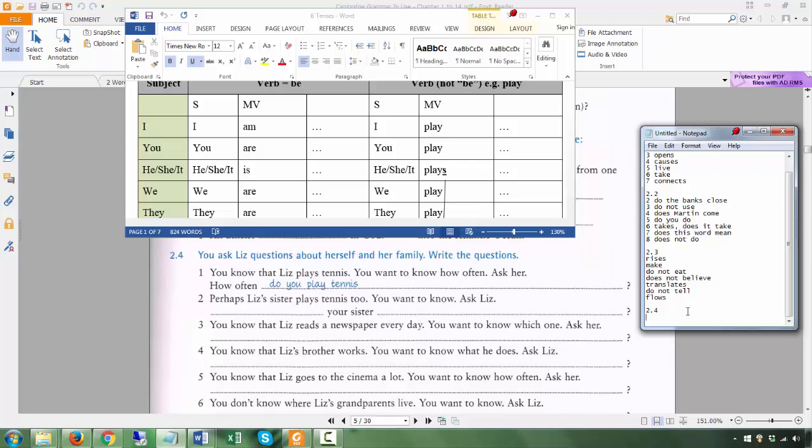So perhaps Liz plays tennis too. You want to know, ask Liz. So perhaps Liz's sister. You're asking Liz about her sister, you're not asking Liz about her. So what is the subject here? The subject is her sister. Her sister is a he, she, it.